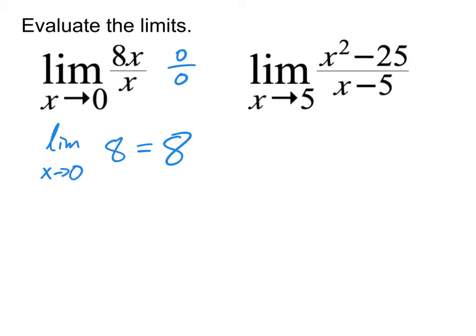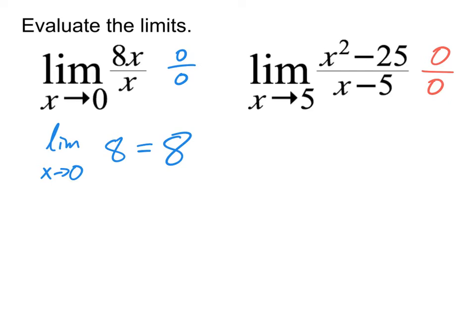Now, the second one over here, as I take a look at that one, again, I start by trying direct substitution. And you notice I'm bringing it back to that. We always still have to start by trying direct substitution and checking it. If I plug the 5 in for x in both of these, 5 squared is 25, 25 minus 25 is 0. On the bottom, 5 minus 5 is 0. It ends up with another one of those 0 over 0 situations, which is why we then have to try simplifying.